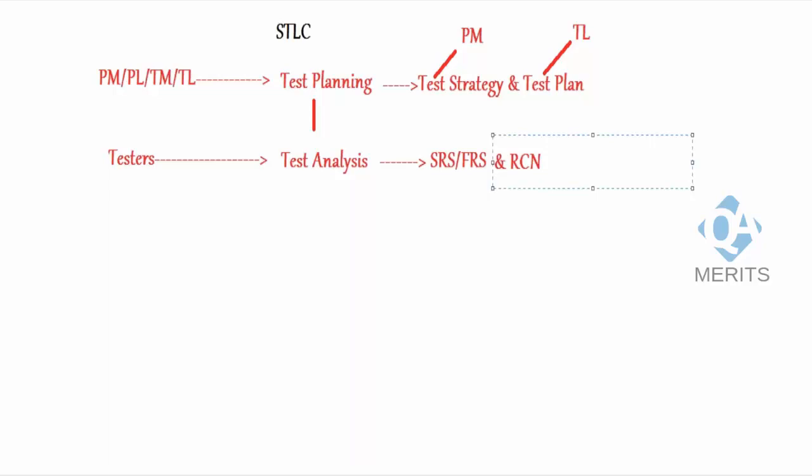So that is the reason we maintain a document, place all these queries in the document, and send it to the TL. The TL will provide the clarifications. Once they provide the clarification, we can completely understand the project. This is about the second phase, the test analysis phase.